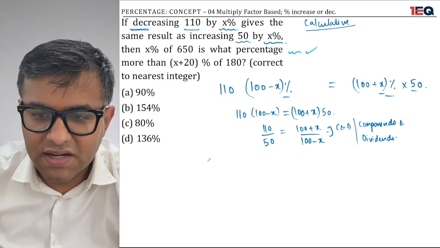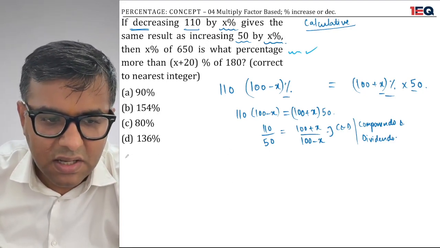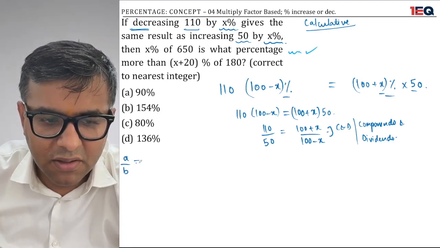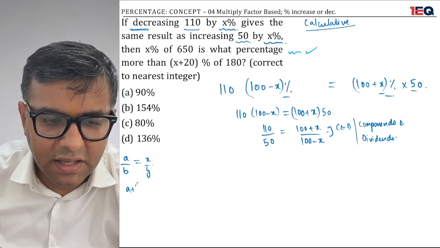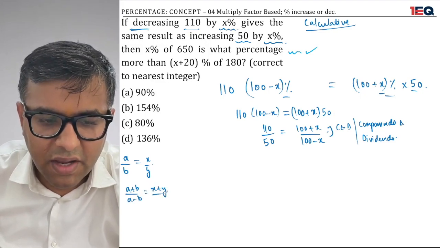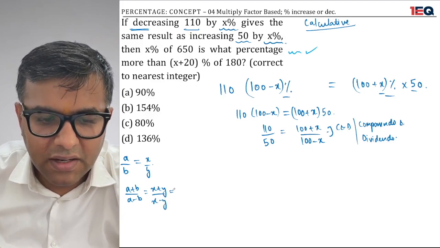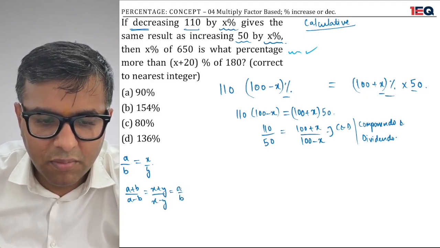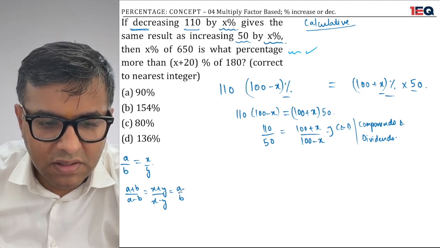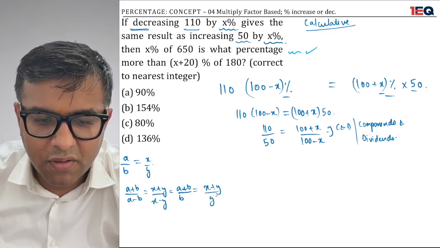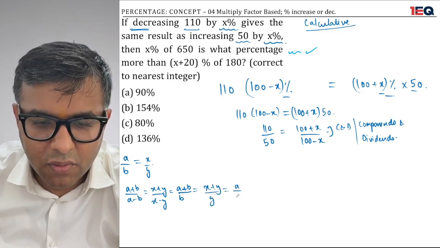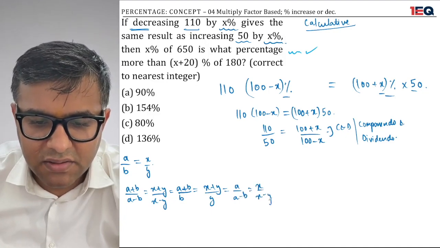For those of you who don't understand what componendo and dividendo is, I'm going to write it here. If there is a by b and x upon y, I can write it as a plus b upon a minus b is equal to x plus y upon x minus y, and this whole thing shall be equal to a plus b upon b, or x plus y upon y, or it could be equal to a upon a minus b is equal to x upon x minus y.